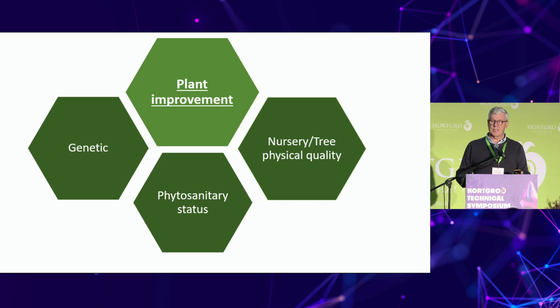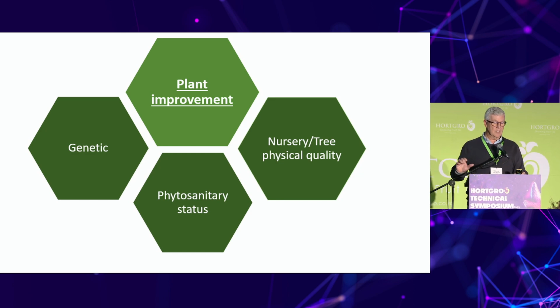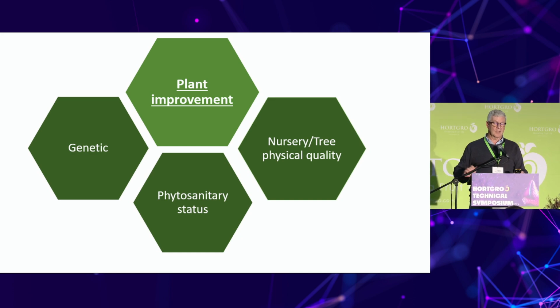First one is genetic improvement, and then phytosanitary improvement, improving the status of that, and then the third one is to ensure that the standards of the nursery tree that you plant in your orchard provide the right opportunity for you to make money, to produce, and particularly in those first 6 years of the establishment of an orchard.